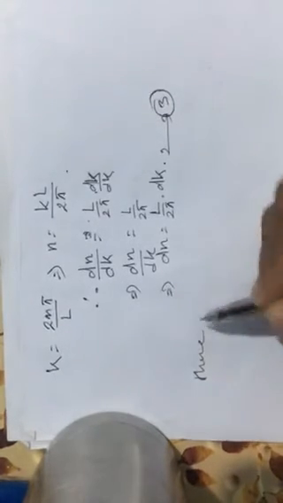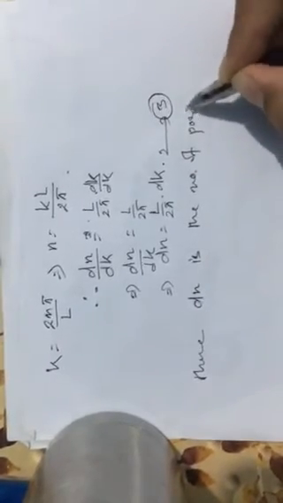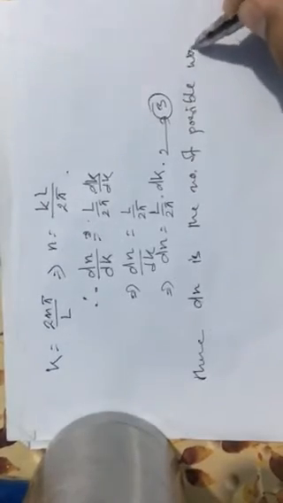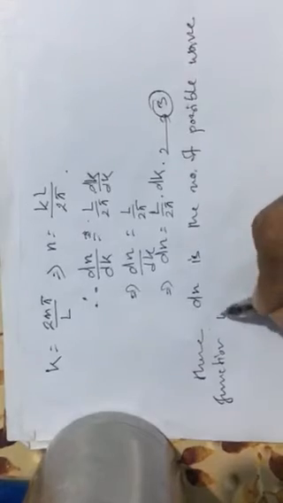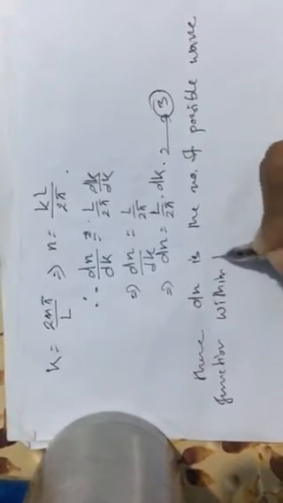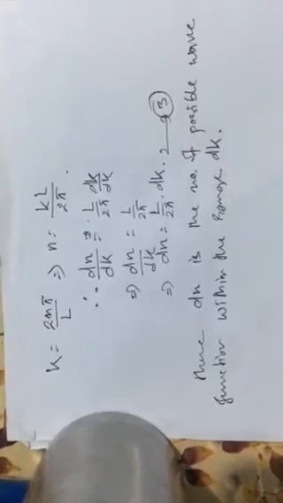Therefore dn is the number of possible wave functions within the range dk.